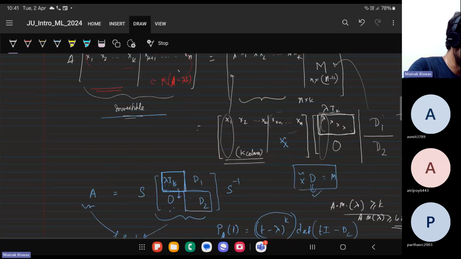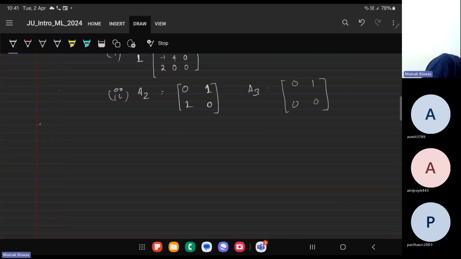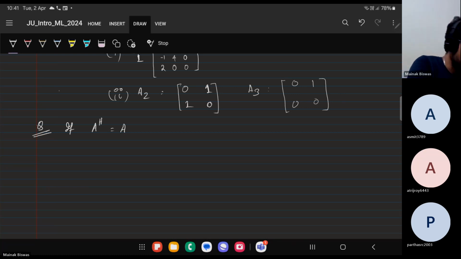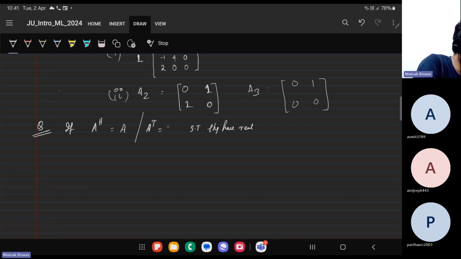This is one of the questions that people ask me also. So if A Hermitian is equal to A, or A transpose is equal to A, show that they have real roots. See, Hermitian transpose does not make it interesting.